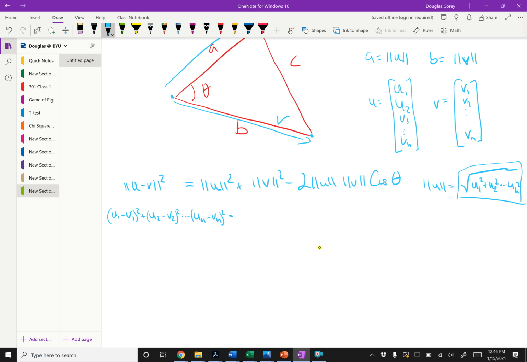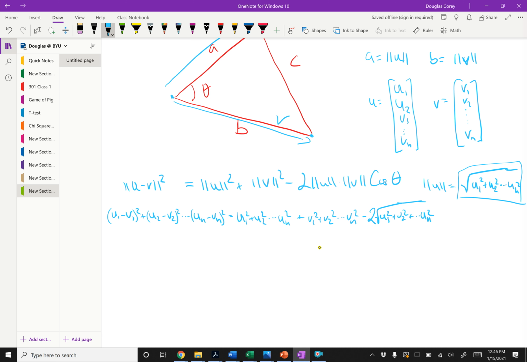If we didn't have the 2 here, we'd have to do the square root, but it's the square root squared, so those cancel out. So now we have u1 squared plus u2 squared dot dot dot un squared, plus v1 squared plus v2 squared dot dot dot vn squared, minus, here we do get some square roots, 2 times the square root of u1 squared plus u2 squared plus dot dot dot un squared.